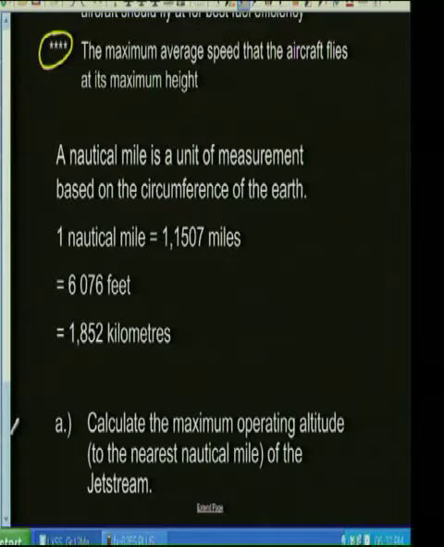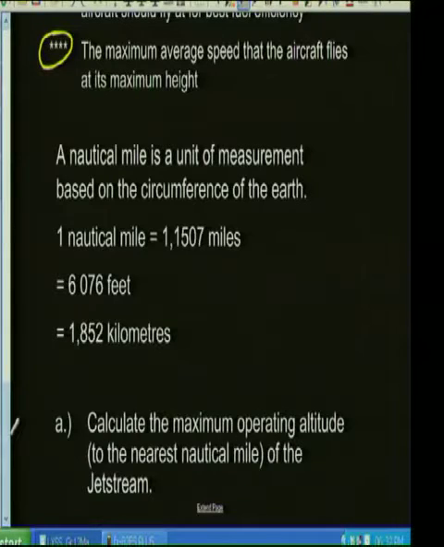So now this examiner is saying, we're going to give you some information whereby you can take a nautical mile, compare it to normal miles, that they use in England and America, compare it to feet, and compare it to kilometers. Well, thank goodness they've included kilometers, because I don't know what a mile is, a foot is, or a nautical mile. Well, that's what you're thinking anyway.